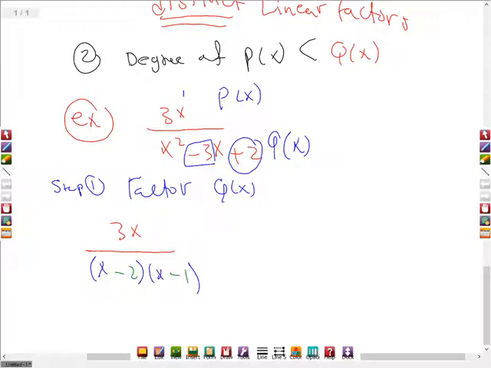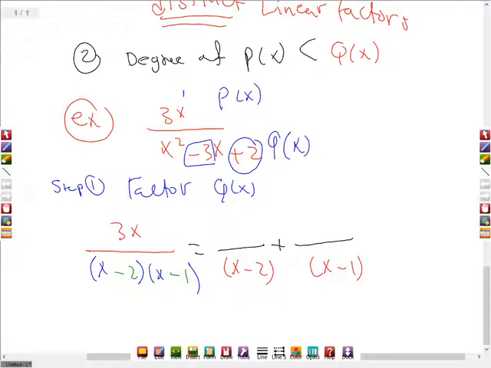Let us break this down. We're going to make it equal. I have two factors: the first factor, x minus 2, and the second one, x minus 1.